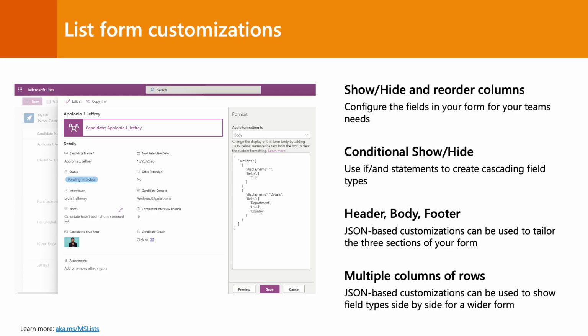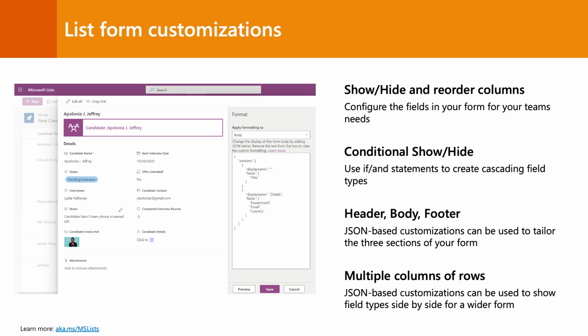In this demo, I showed a lot of new customizations you can do with the list form. Easily show, hide, and reorder columns. You can configure a form with logic by leveraging conditional show hide. In the demo, you saw how certain fields will only appear if a specific value is applied in previous fields.